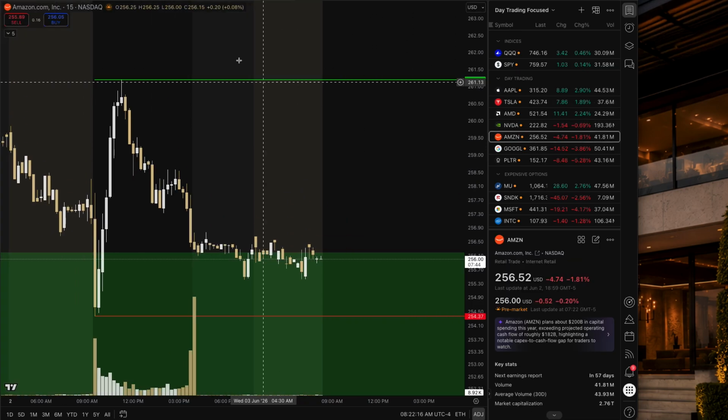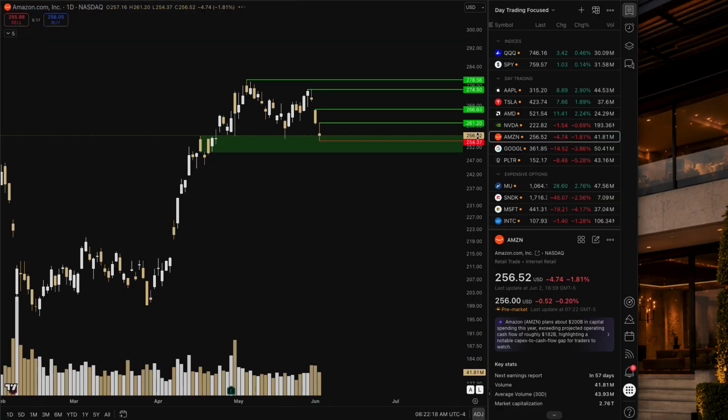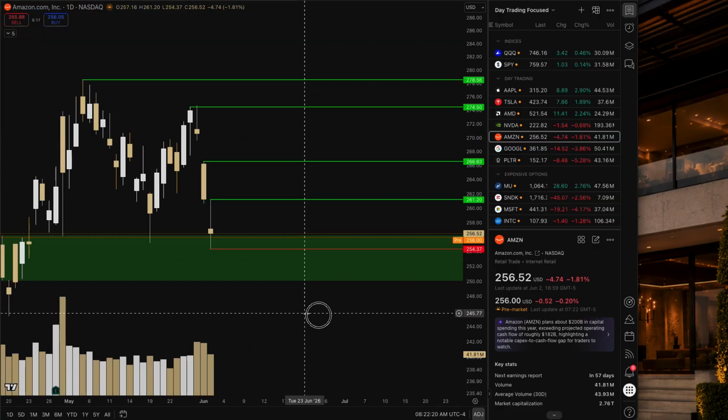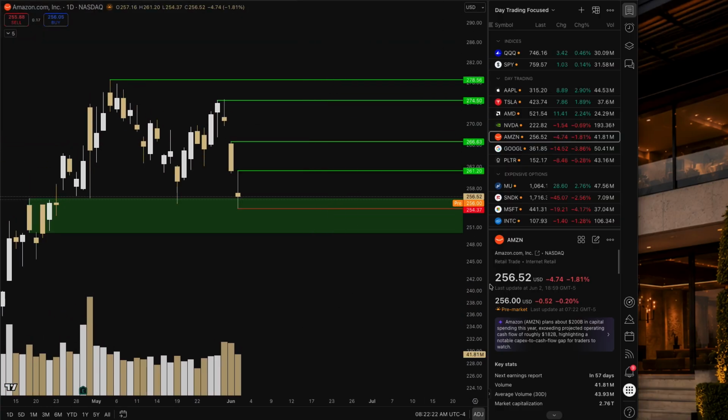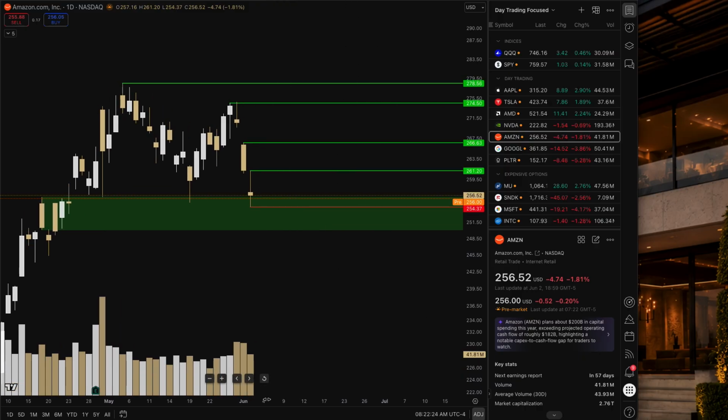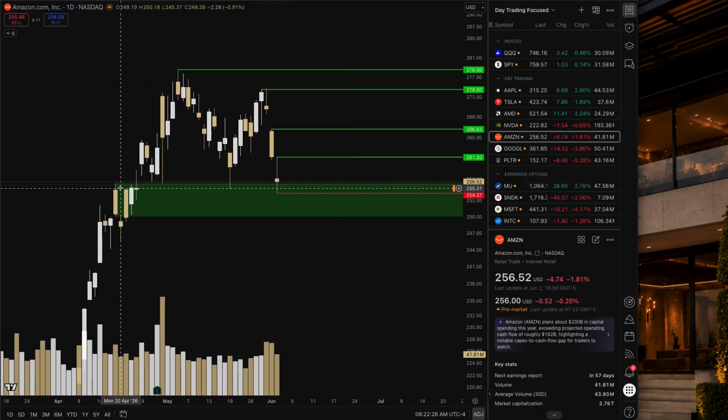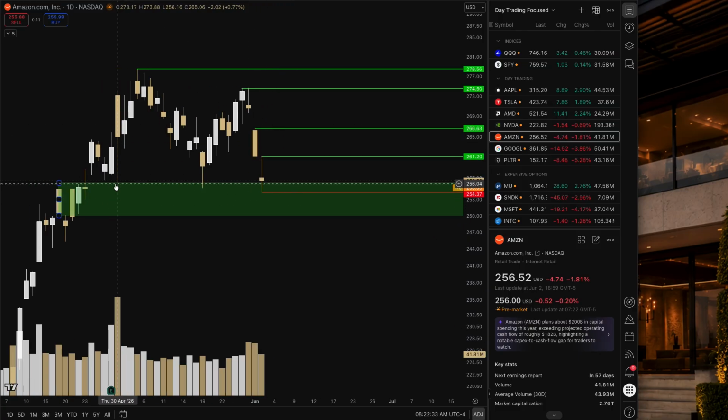Let's go on the Amazon. Like you can see, I had this down close candle here. Okay, so this was my support zone, and as we can see, every time the price has come down, we can see some buyers stepping in.